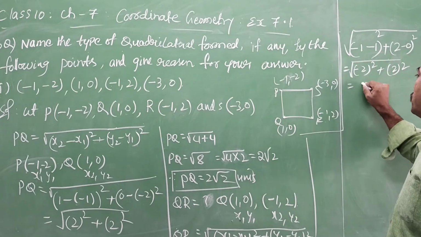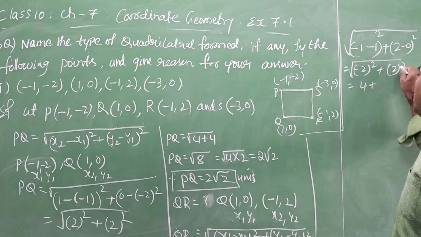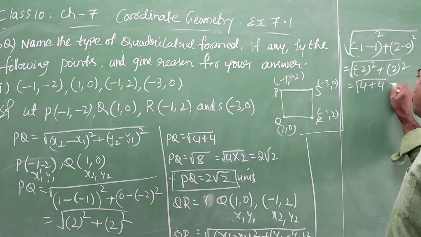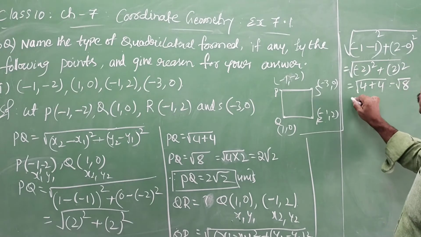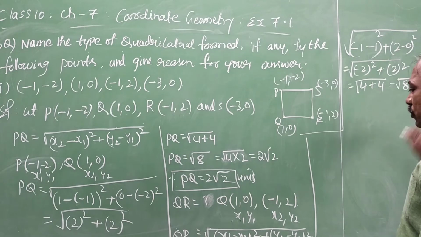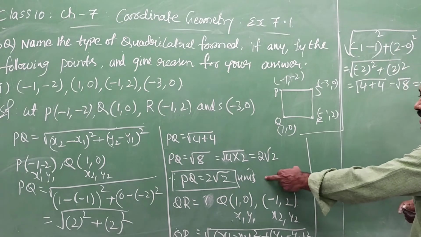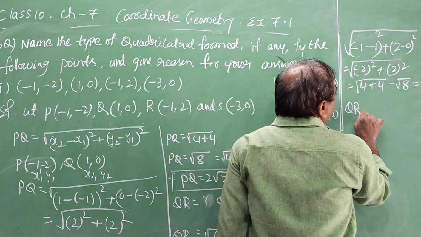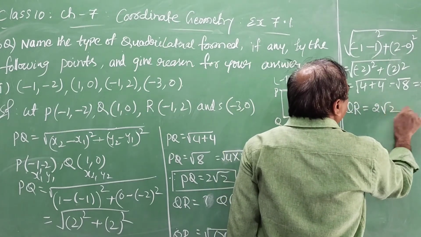So -2 whole square is 4, 2 square is also 4, root 4 plus 4 is equal to root 8. This root 8 again we can write as 2 root 2. So QR also we got. QR is equal to 2 root 2 units.